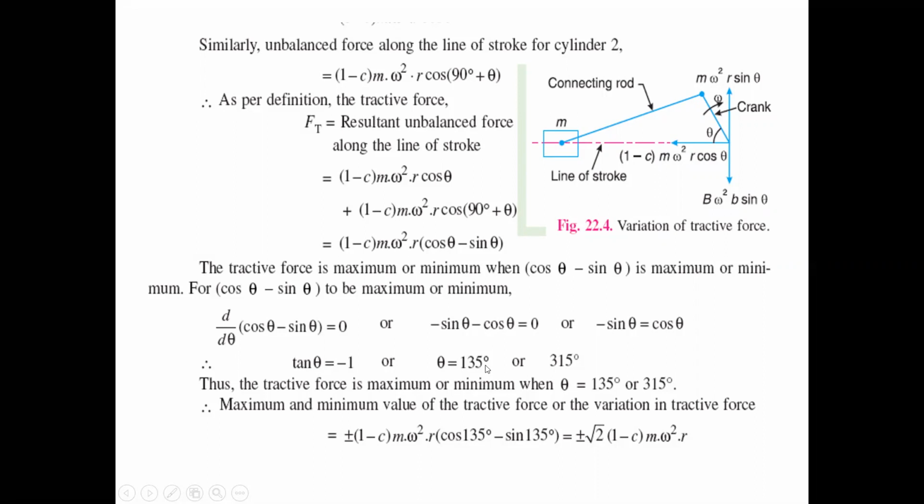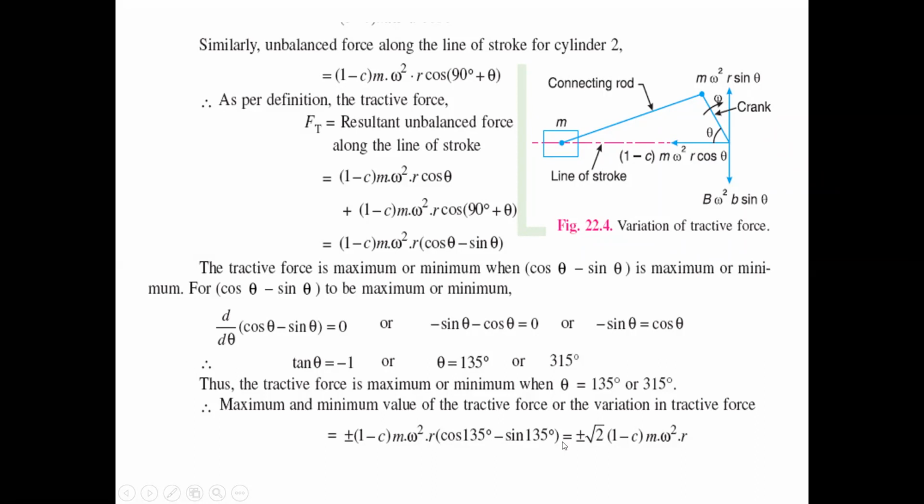Theta will be nearly 135 degrees or 315 degrees. Those are our maximum and minimum values. Then the theta value is substituted in the above equation, so the value is plus or minus (1 minus c) m omega square r (cos 135 minus sin 135 degrees).